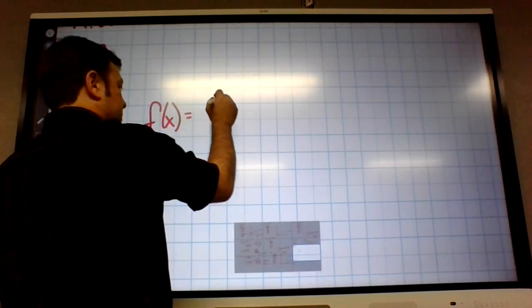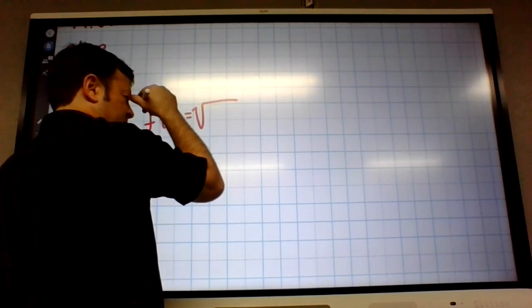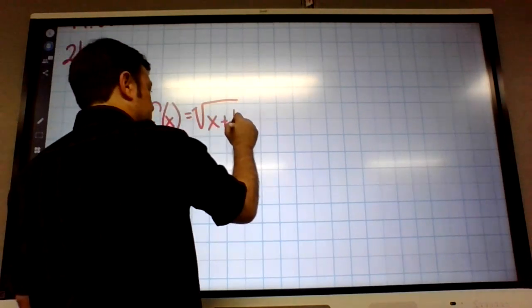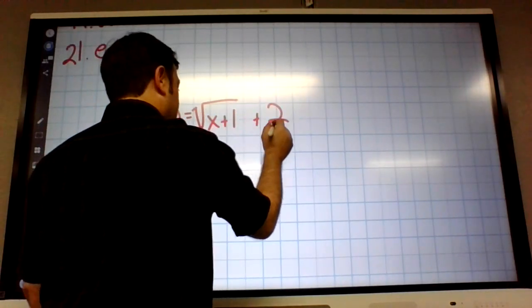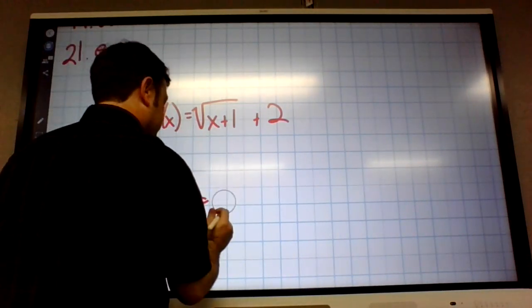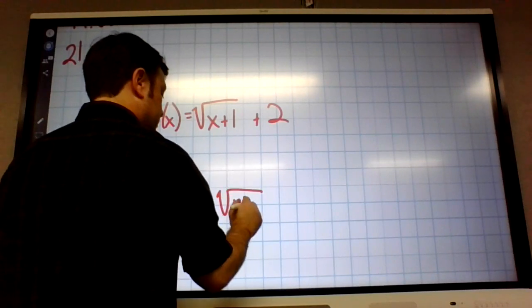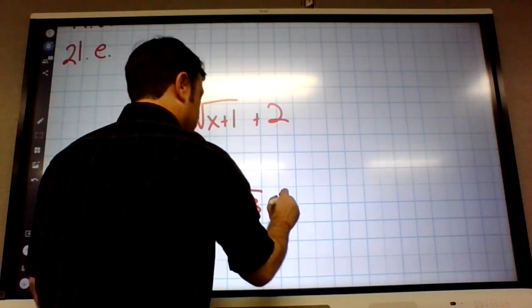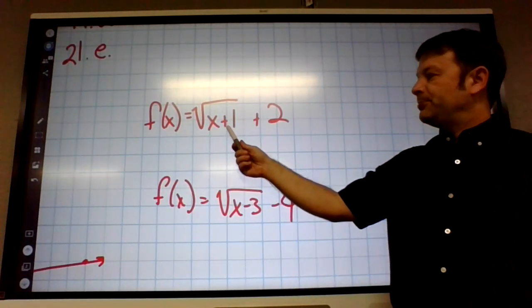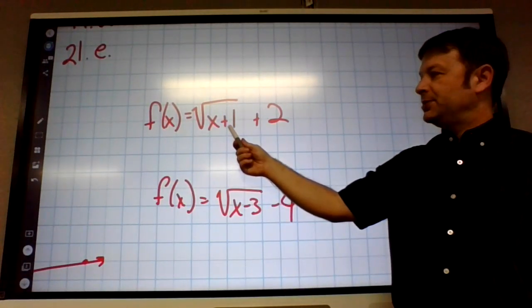Let's make up some. Again, this is stuff that we've learned before when we graphed parabolas and absolute value. Okay, what does a plus 1 directly on the x do to the graph?